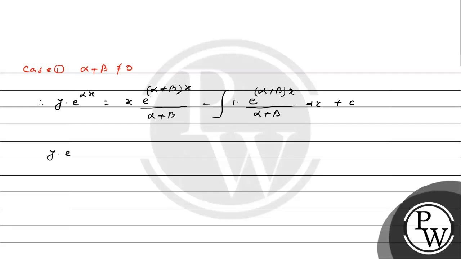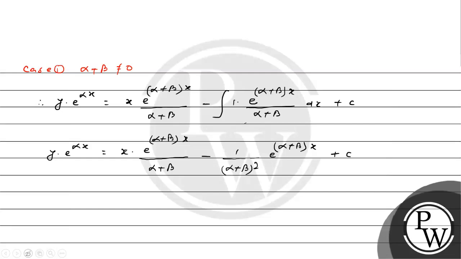This becomes y e^(alpha x) = x e^((alpha+beta)x)/(alpha+beta) minus, since 1/(alpha+beta) is a constant and comes out, integrating again, alpha plus beta goes to the denominator, so minus 1/(alpha+beta)² e^((alpha+beta)x) plus c.